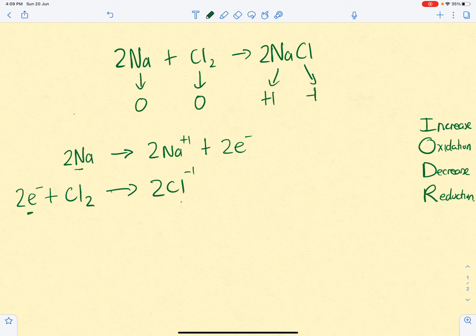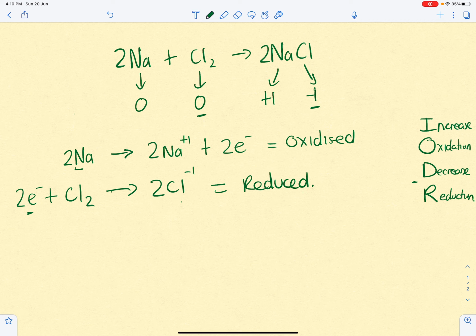So sodium has got more positive. Its oxidation number has increased. Therefore, it has been oxidized. Chlorine, its oxidation number has gone from 0 to -1, so its oxidation number has decreased. So it must have been reduced.